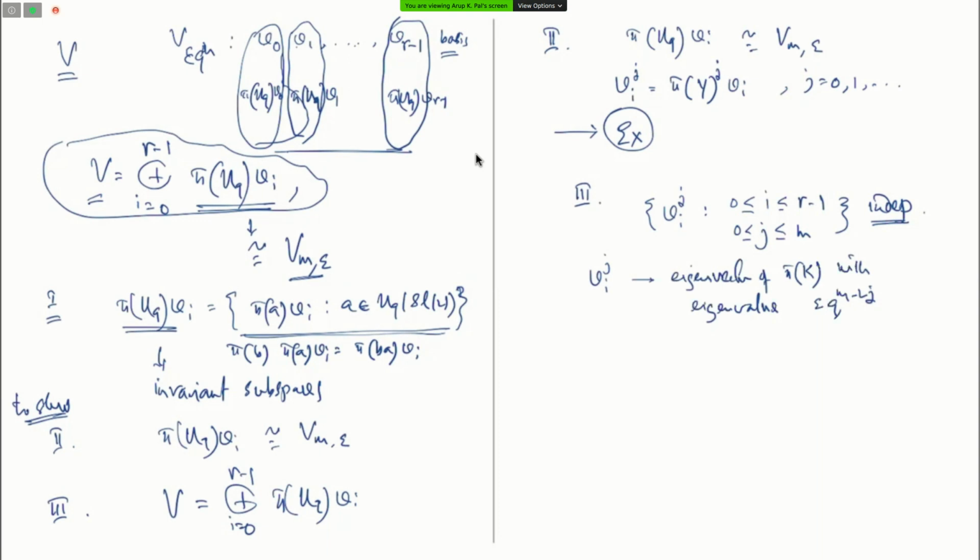Okay, so V0^0, V1^0, up to V(r minus 1)^0. I'm just writing it as an array first.